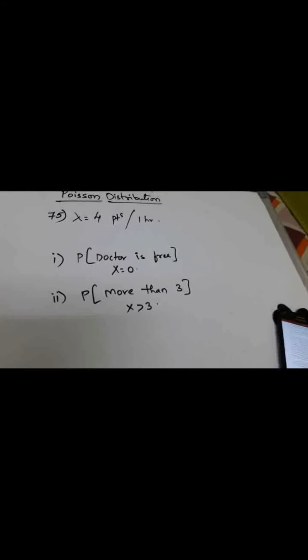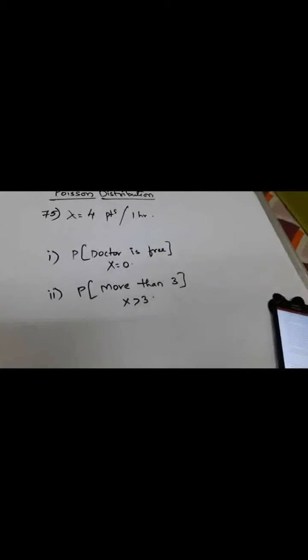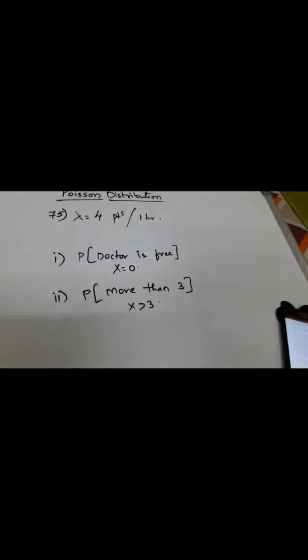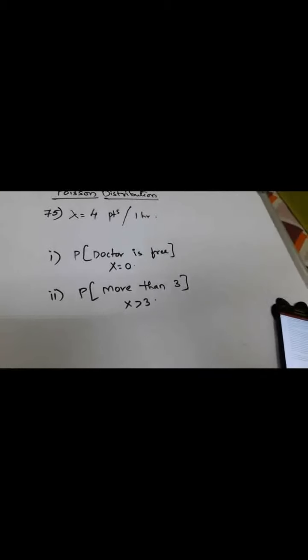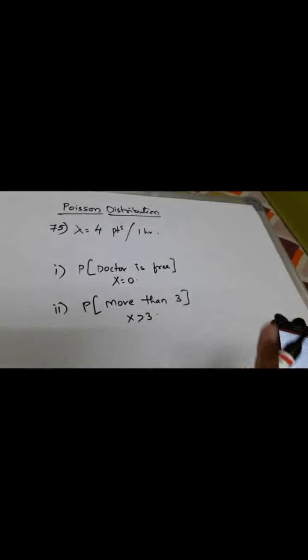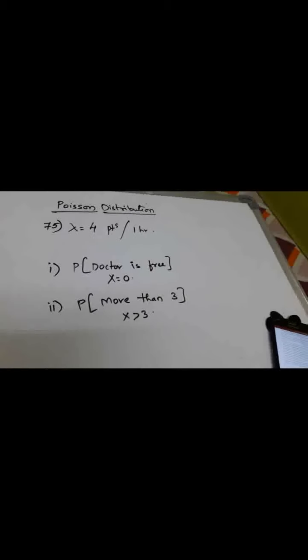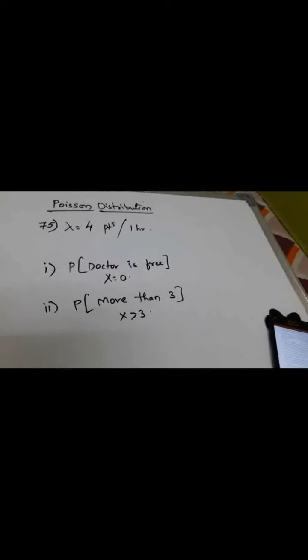They are saying on an average 4 patients are visiting. That means it's an average term. Wherever n is not fixed, indefinitely unknown, there we use Poisson distribution. That is what we have discussed earlier in the theoretical concept. So here lambda equals 4. On an average 4 patients. So lambda is equal to 4.